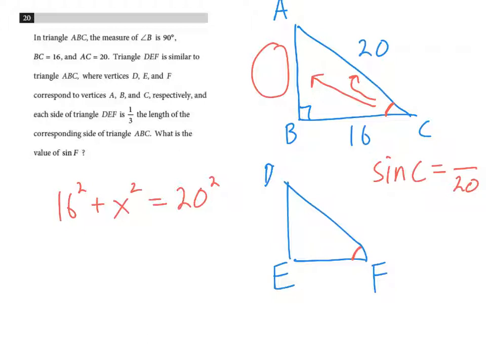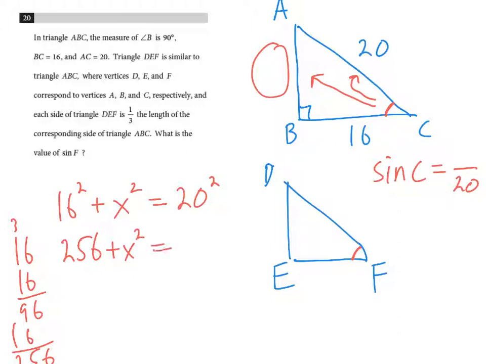The square of 16, that's going to be 256. So 256 plus x squared equals 20 squared. 2 squared is 4 with 2 zeros, that's going to be 400.